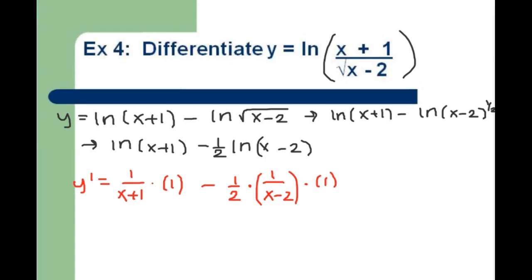So my derivative becomes 1 over x plus 1 minus 1 over 2 times x minus 2.